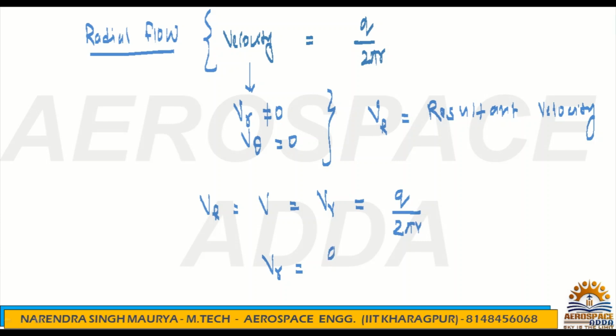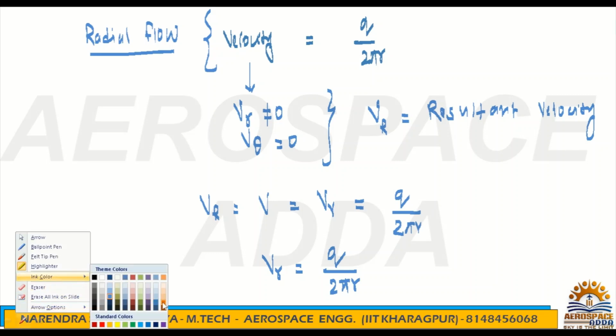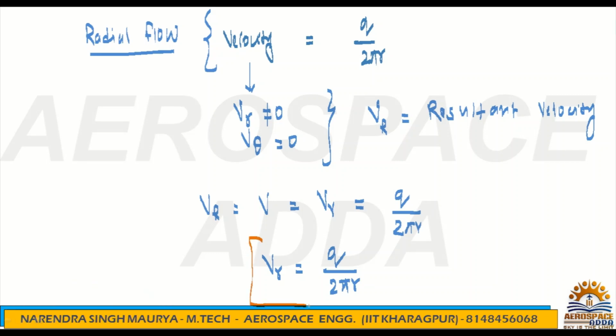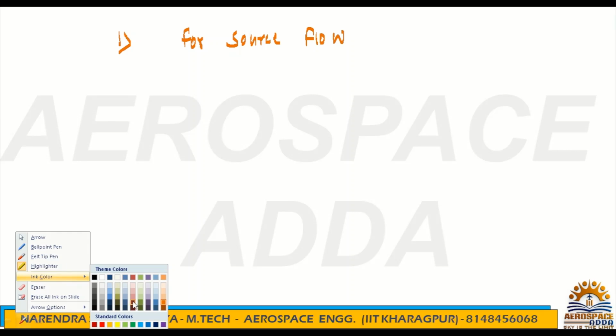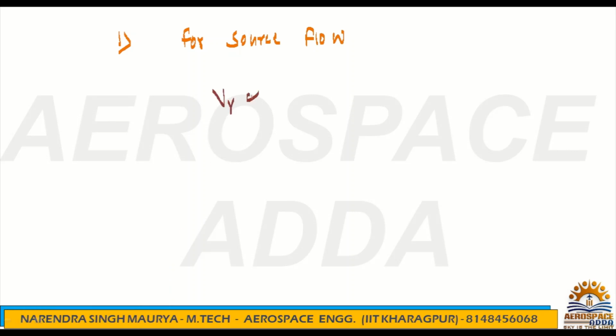Finally, we got Vr is Q upon 2 pi r. This is a very important result for the source flow. This is the radial velocity. So for source flow, the radial velocity Vr is directly proportional to Q. What is the Q?